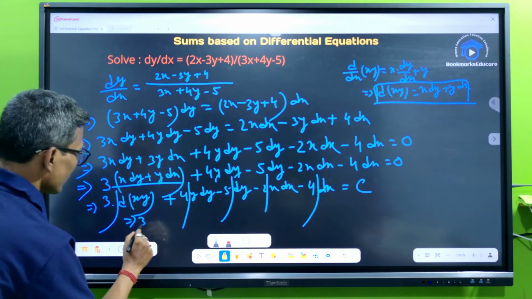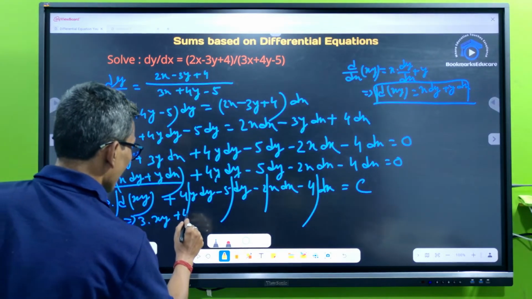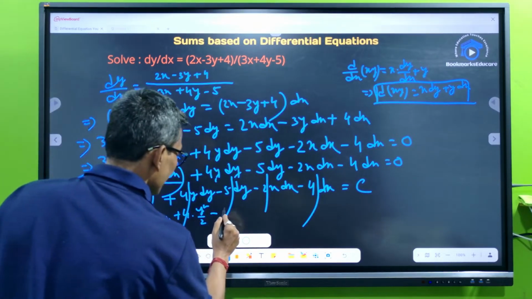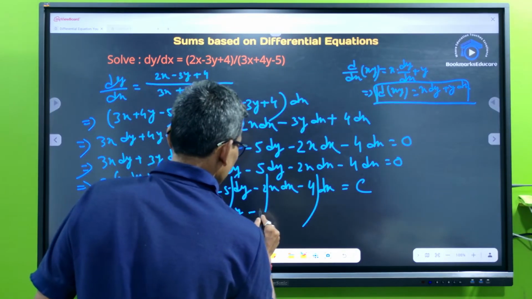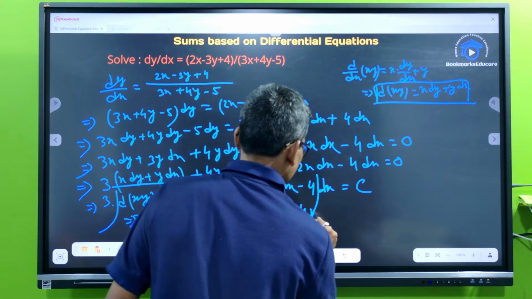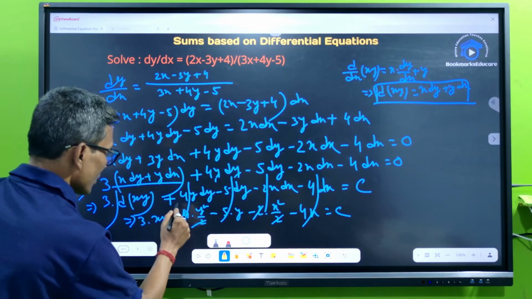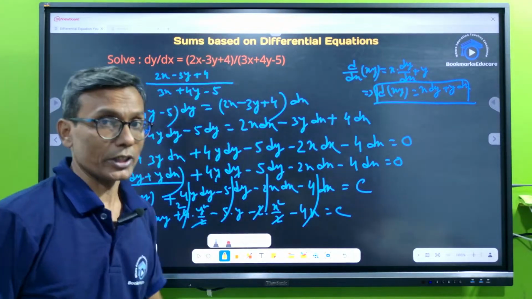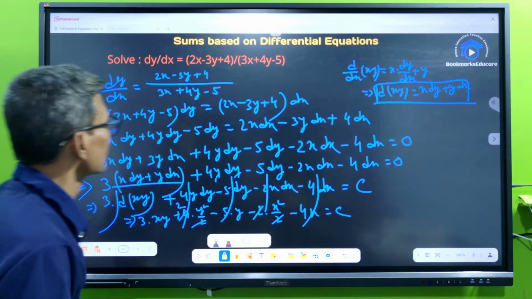So 3 into xy plus 4 into y square by 2 minus 5 into y minus 2 into x square by 2 minus 4x is equal to c. So this is the required answer. This is the required solution of the differential equation.